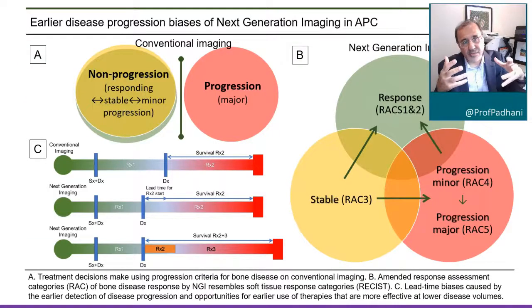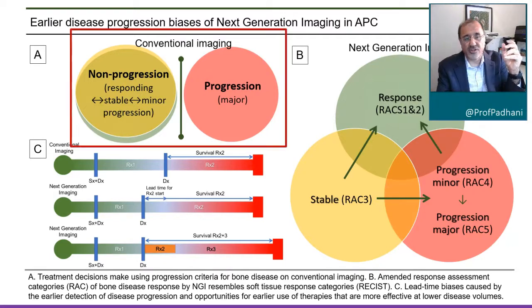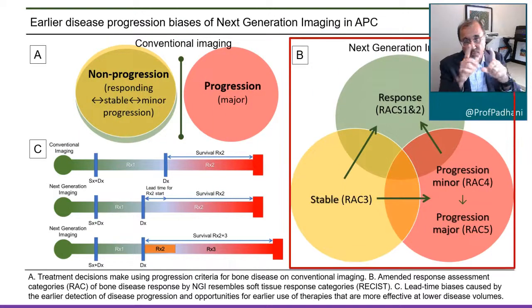And you find a similar thing happens in the response assessment paradigm. So you know that conventionally we divide patients into being progressive or non-progressive categories using bone scans and CT scans. Now, next generation imaging enables you to split this apart so we can distinguish now stable disease from progressive disease to responding disease.